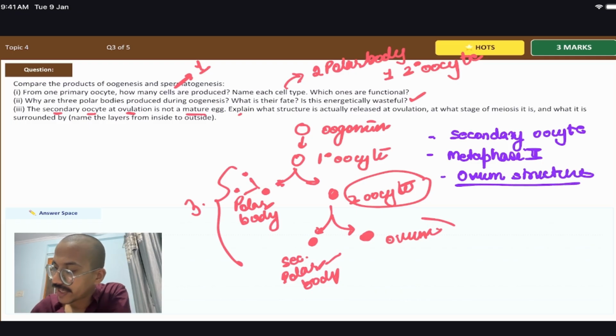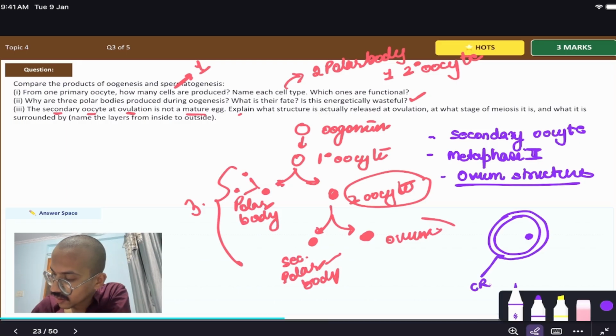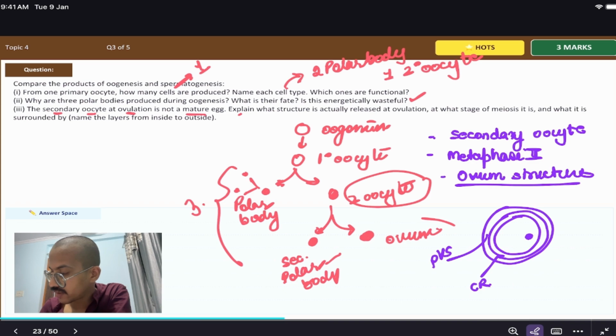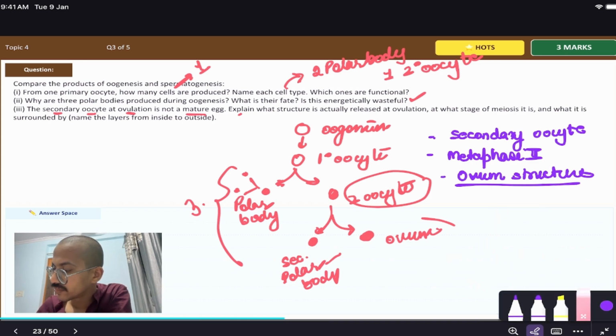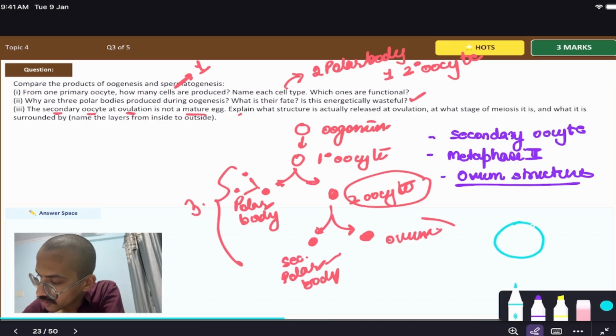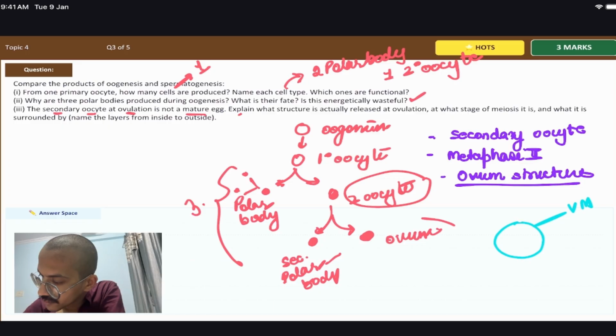So if this is your ovum, it has a layer, corona radiata first. Then we have the zona pellucida.